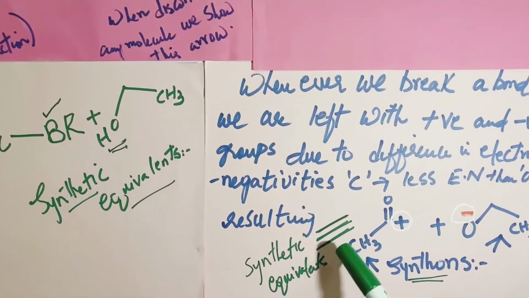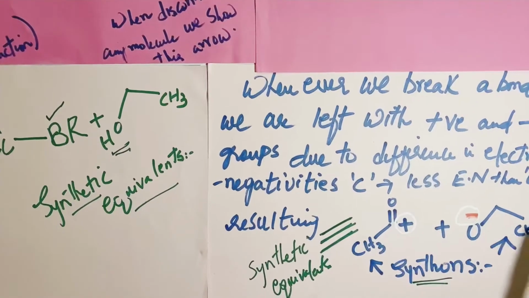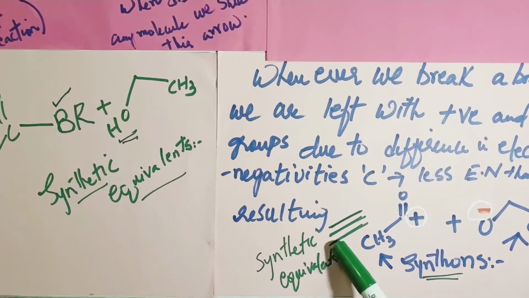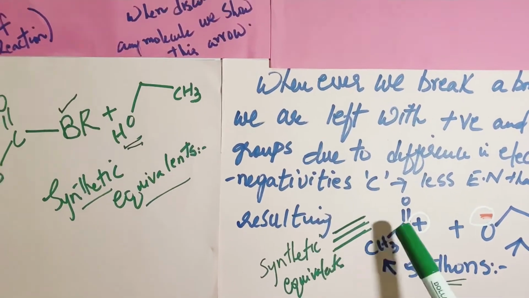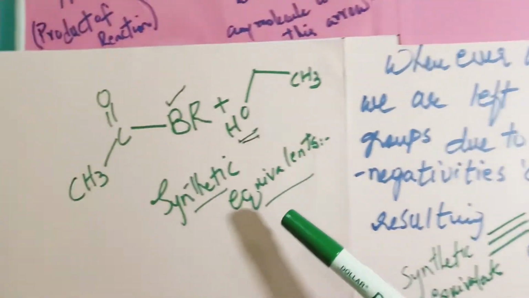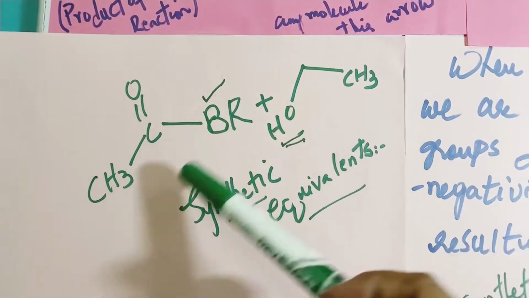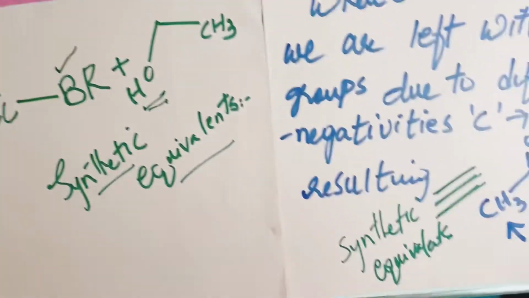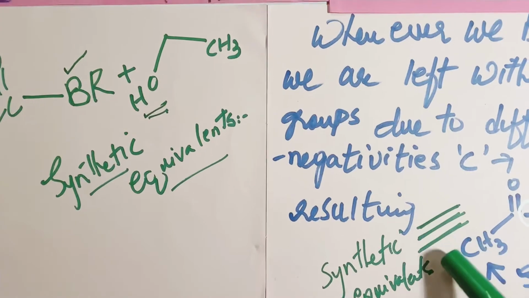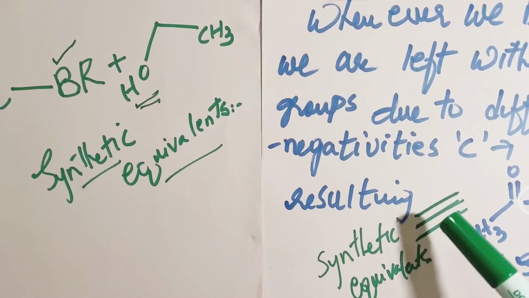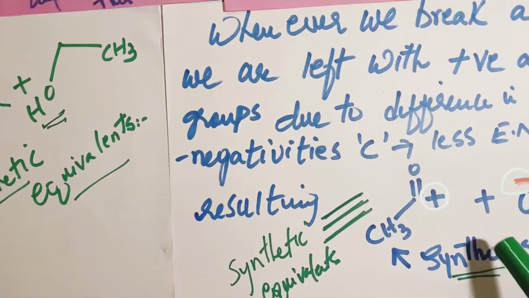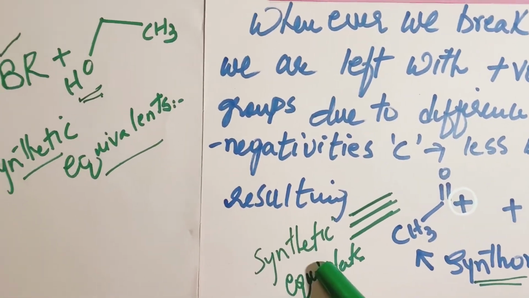No, you need to join them with other counter ions to get them back to their most stable state. And the synthetic equivalents, you finally learned what are synthetic equivalents, which are these. These are the synthetic equivalents which you got after this, and you represent a synthetic equivalent by these three lines. When these three lines are drawn, it means that this is something to do with a synthetic equivalent. So the synthons will be converted to the synthetic equivalent.